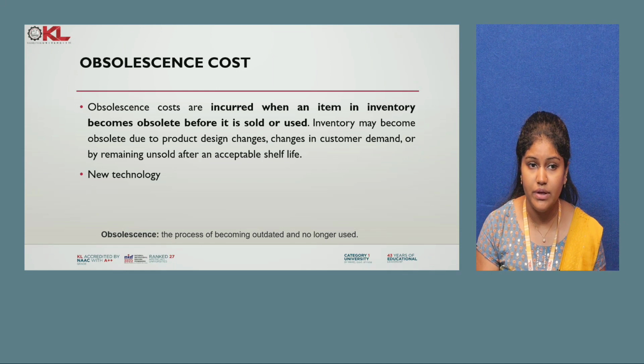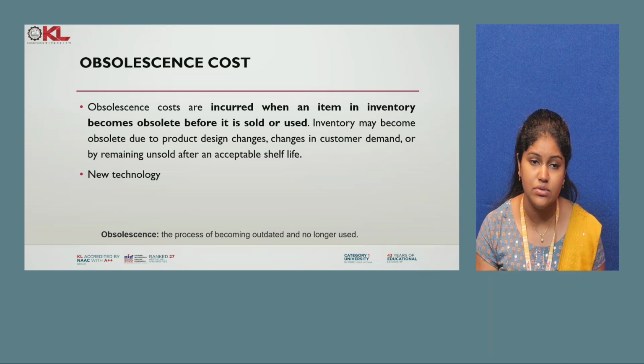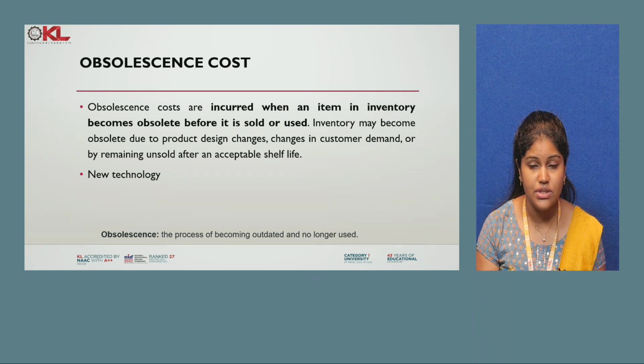Inventory may become obsolete due to product design changes or changes in the customer demand, or by remaining unsold after an acceptable shelf life. Most inventory items become obsolete because new products are coming day by day. When new designs come and customer demand changes, people will expect new items, so the old equipment will be outdated and can no longer be used.